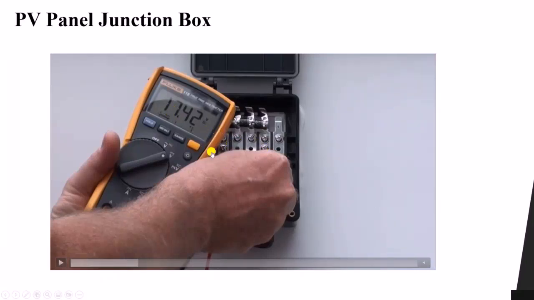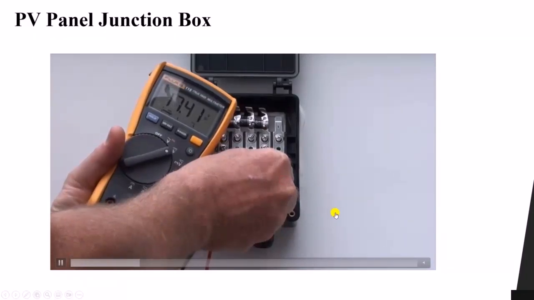It means that this one is the positive and this one is the negative. Okay, so the red one is connected to the positive and the black one connected to negative. If we did the connection correctly, then you will find it here positive. If the connection is wrong, you will find it negative.